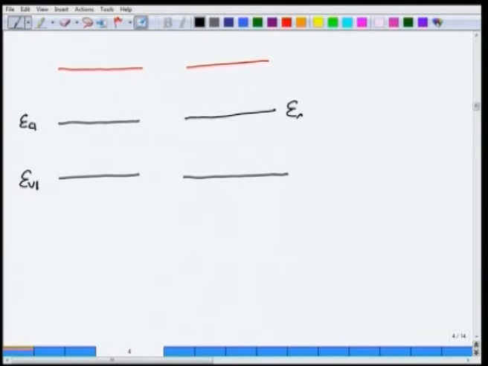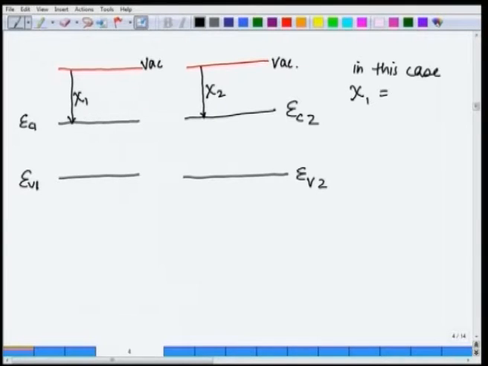This is EC2, conduction band of material 2, this is valence band of material 2, and this is the vacuum level. So this is the electron affinity, call it χ1, and this is the electron affinity, call it χ2, and in this case χ1 is equal to χ2, the same electron affinity.